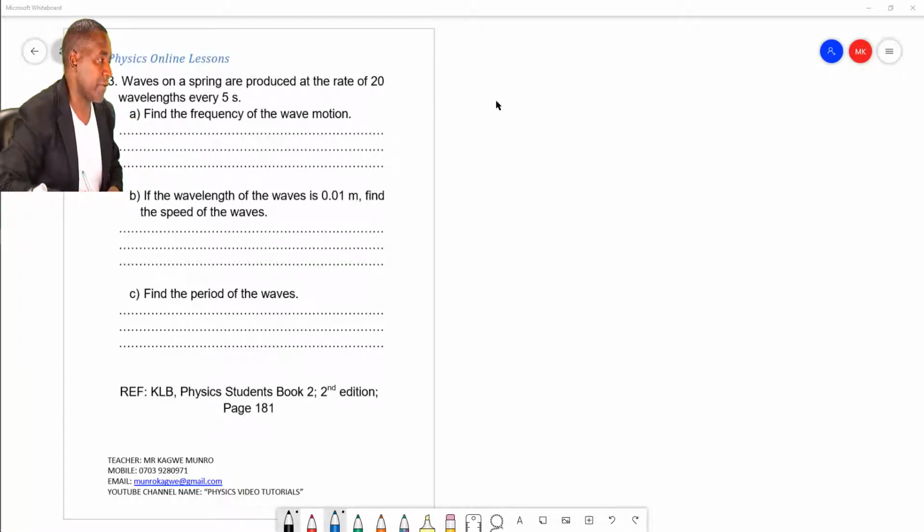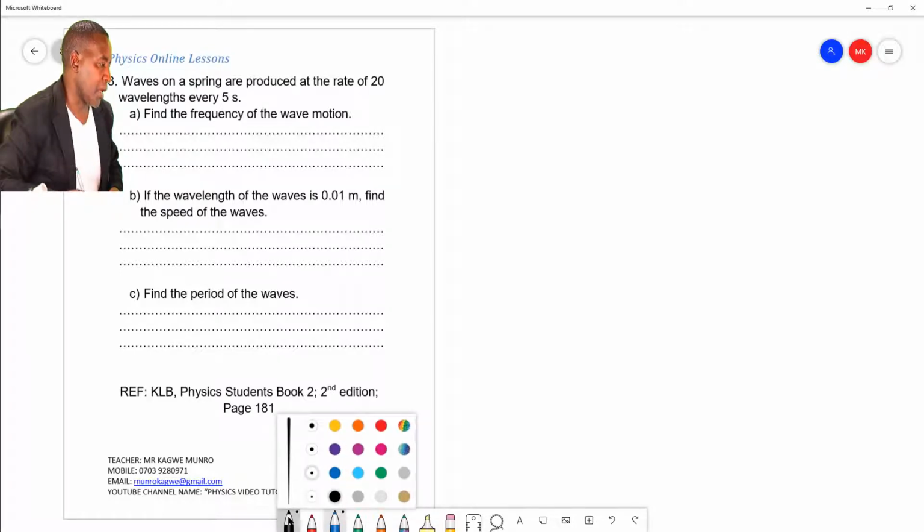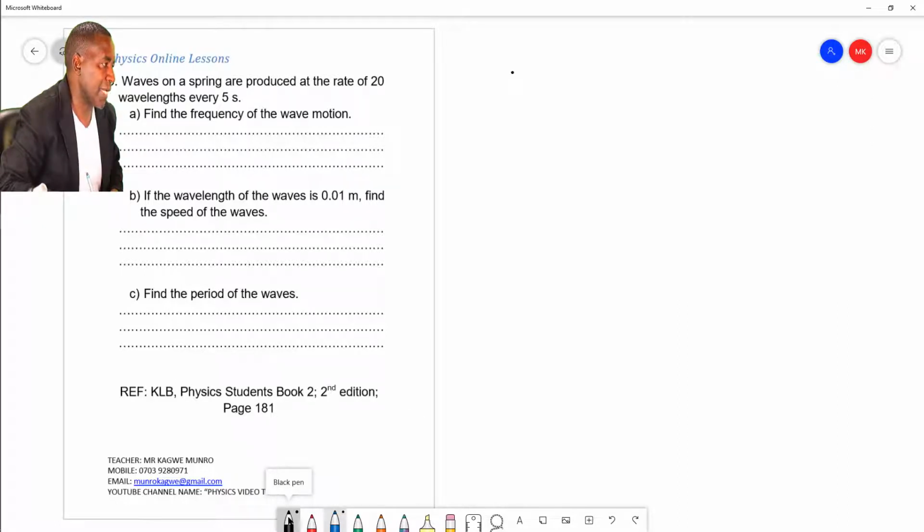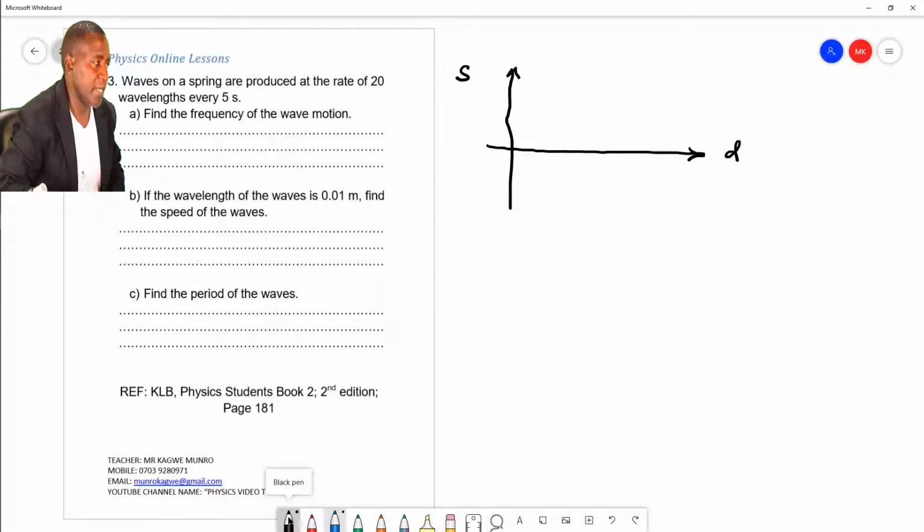Okay, first of all, I reminded you about this type of graph, a displacement-distance graph. Displacement has the units meters and the distance has the units meters.